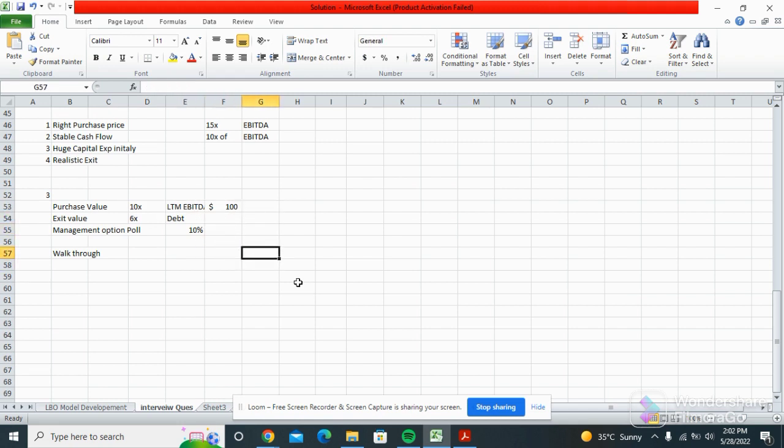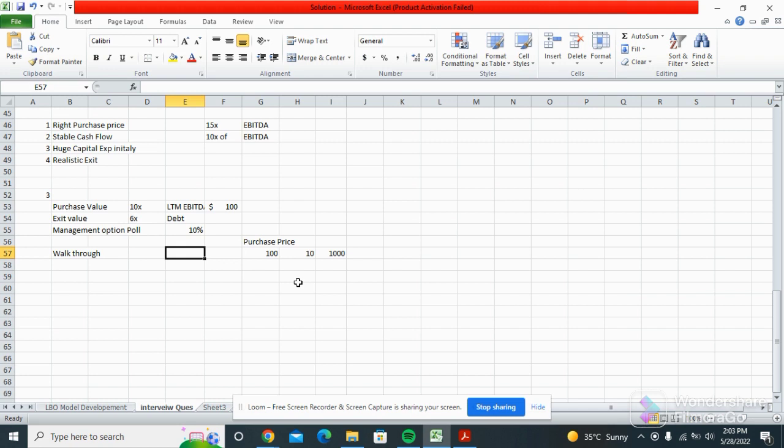So it would be $100 of earnings before interest and tax of the last 12 months, multiplied by 10 times. So it would be 1000. This is basically the acquiring price, or the purchase price, or the investment that we have made initially to purchase Saxa.